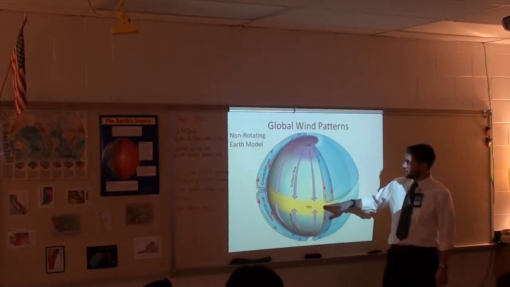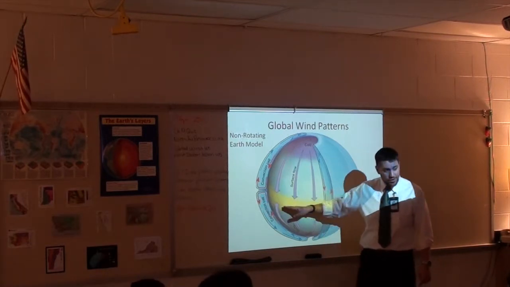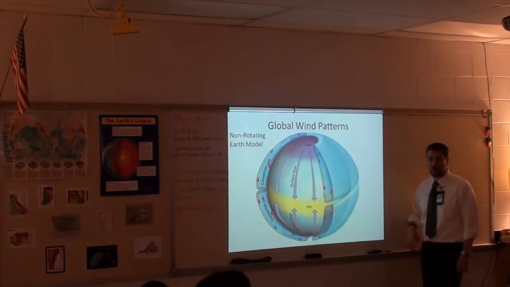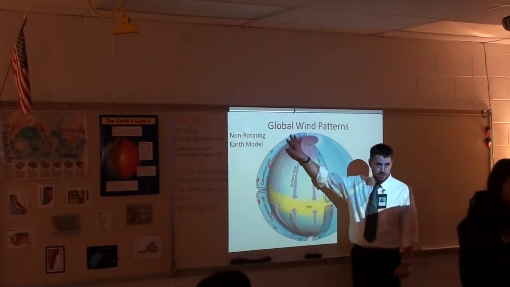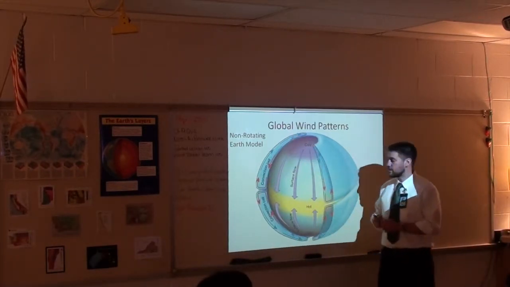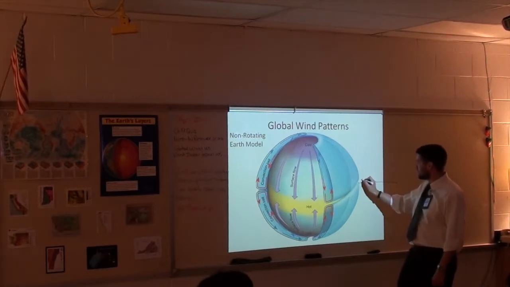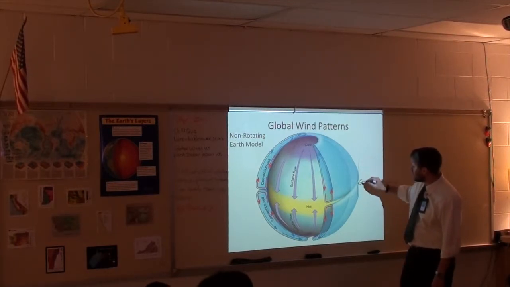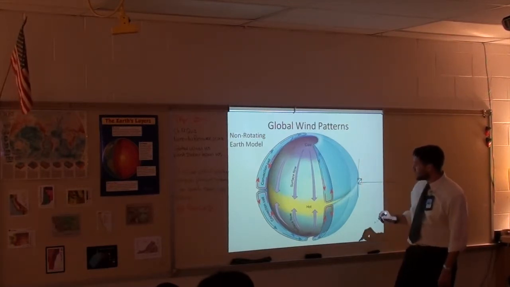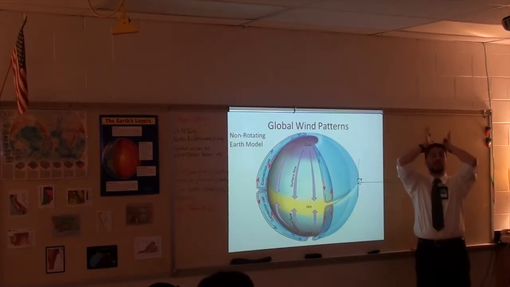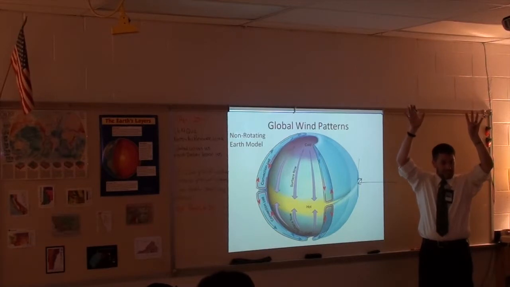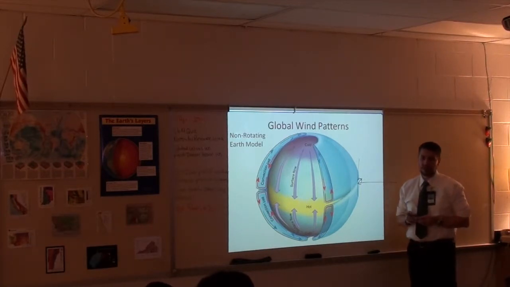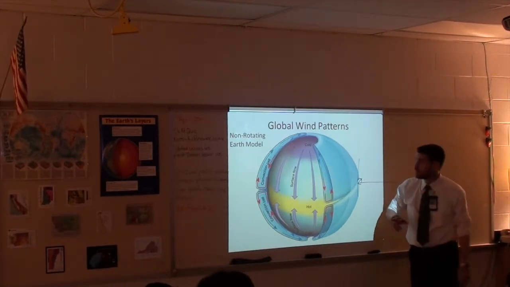Well, the equator gets a whole lot of energy from the sun while the poles do not. Because the sunlight coming to the equator hits at a 90-degree angle. It's directly overhead. It's very direct. You get a lot of energy from the sun all year round.